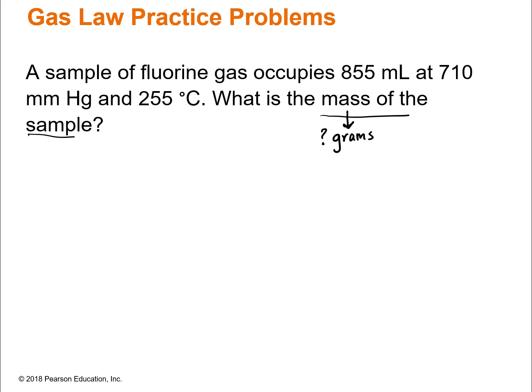The only gas law that we have that's even remotely related to the mass of a sample is the ideal gas law. And the reason why it's related is because we can figure out n, the number of moles.